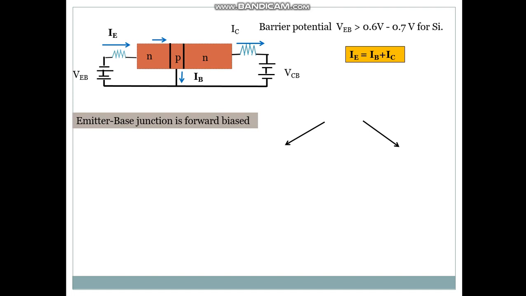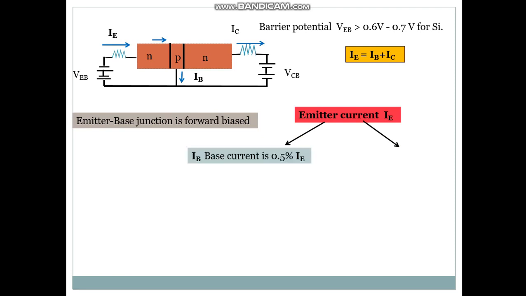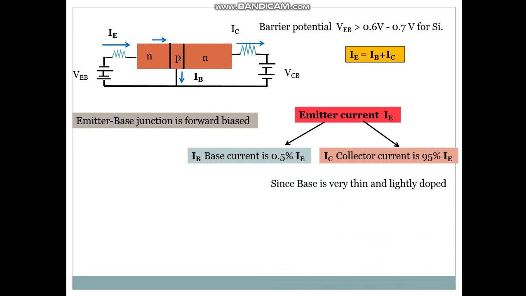So IE = IB + IC. 5% of IE is the base current and 95% of IE is the collector current. Therefore, the base is very thin and lightly doped. Hence, IB is small. IC is almost equal to IE.